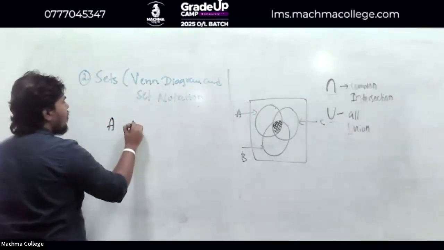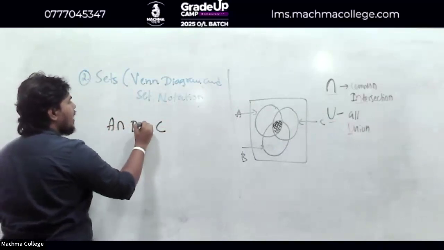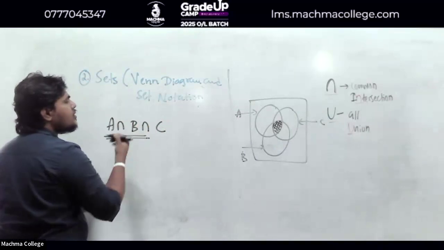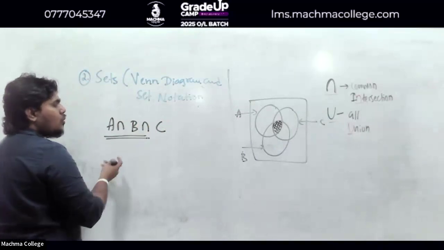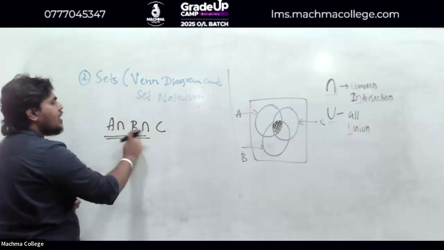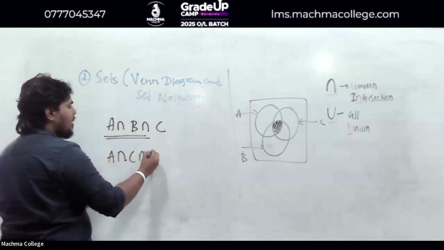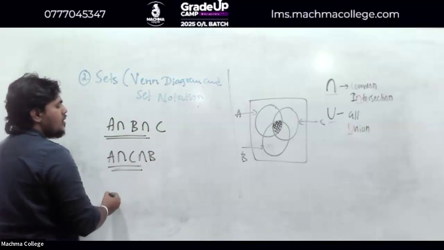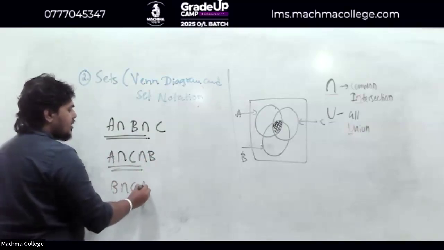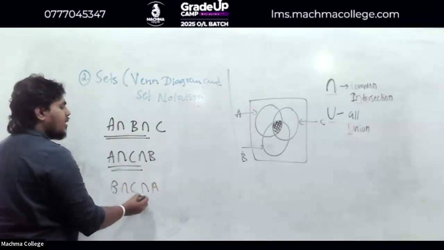For A, for B and for C, the region is common. So intersection. This is the answer. 2 marks. If you ask me, sir, if we change the order, is it wrong? Like A intersection C intersection B, that is also right. B intersection C intersection A, is it okay? No problem, this is also right.